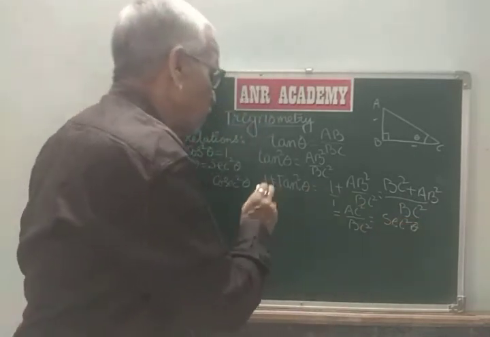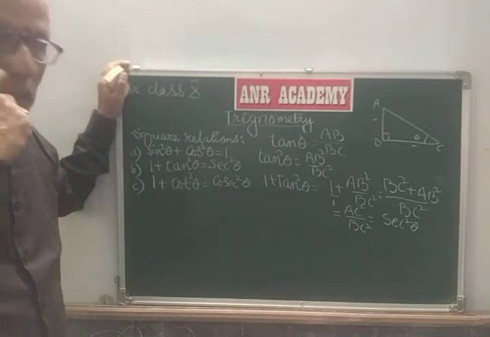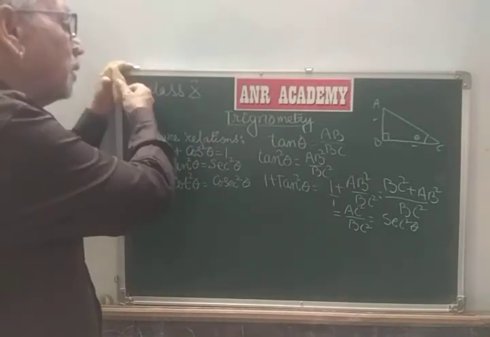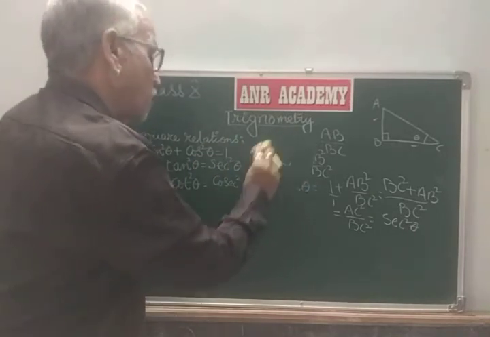So 1 plus tan square theta is equal to secant square theta. Understood? So now let us take the third square relation.